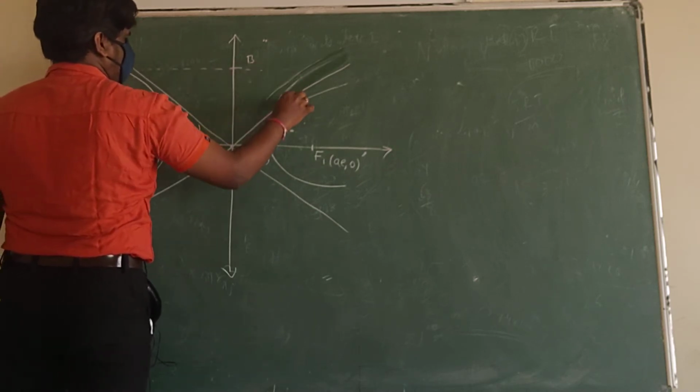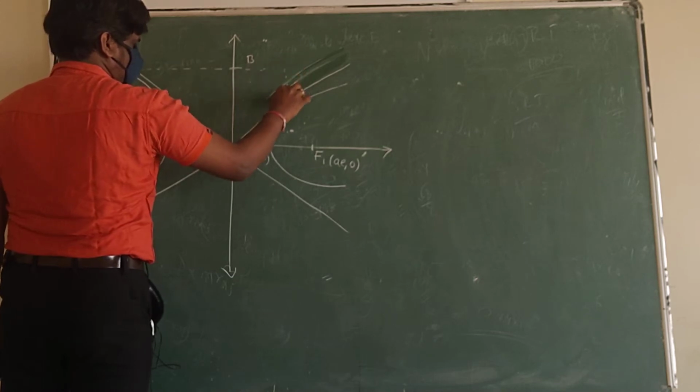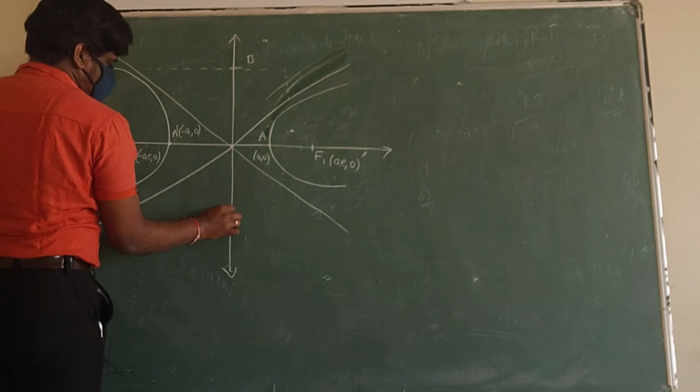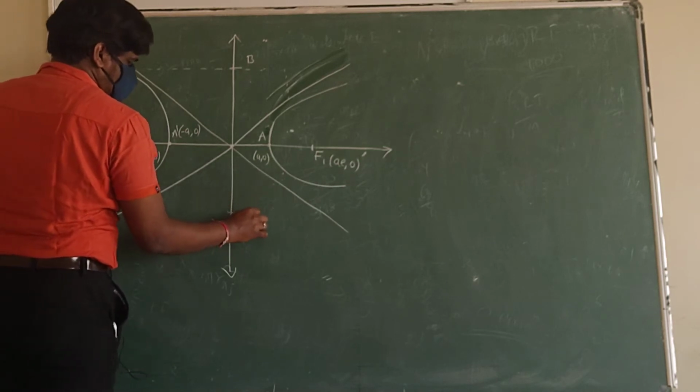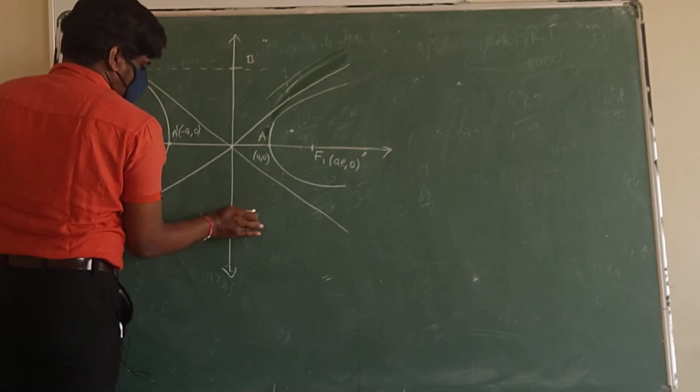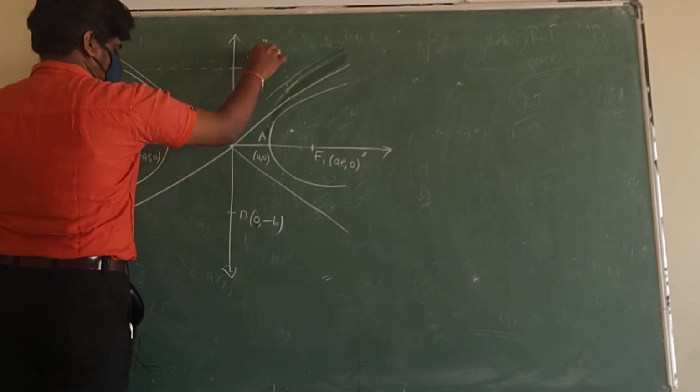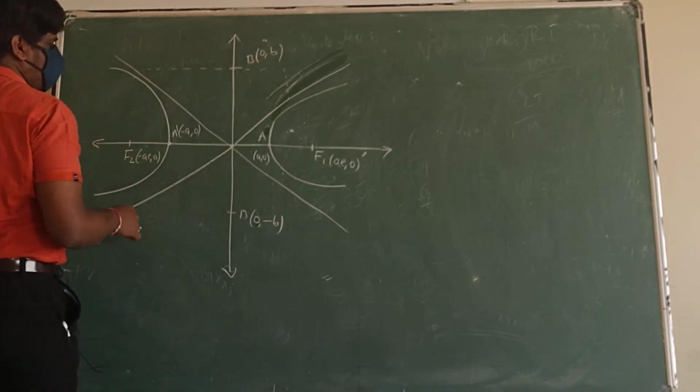So this form will be there. B dash is here, (0, -b), and B is here, (0, b).